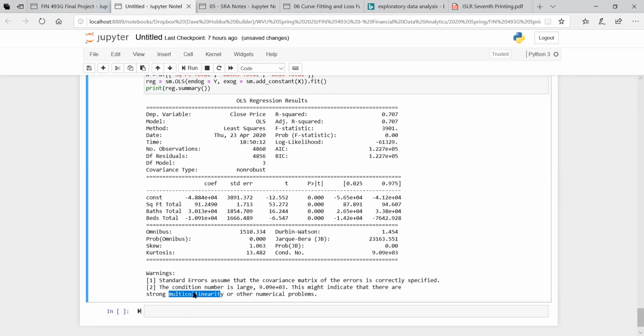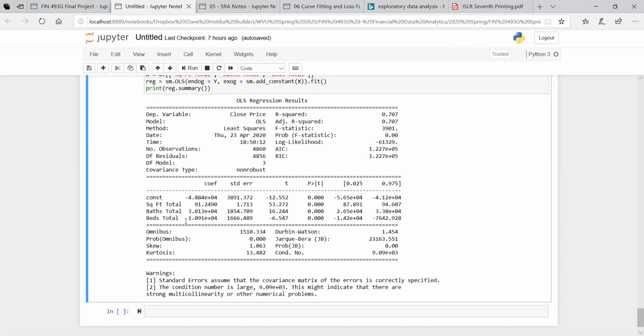You can see it down here. The condition number is large. This might indicate that there is strong multicollinearity or other numerical problems in our data. So this could be a problem. If you were to use this regression to estimate price, it could give you unrealistic results. Maybe it's overfit. Maybe it fits the data well, but it couldn't actually be used for estimates, for inference, or for investment decision making, because the regression results are not necessarily realistic.